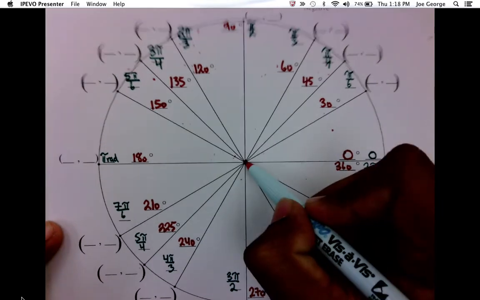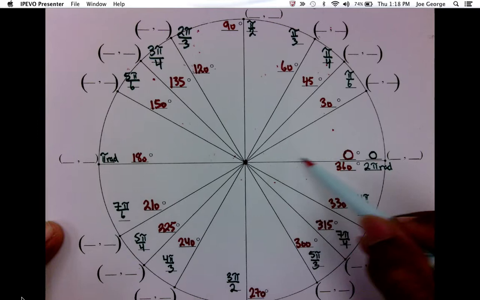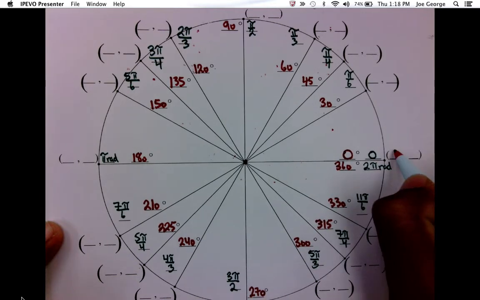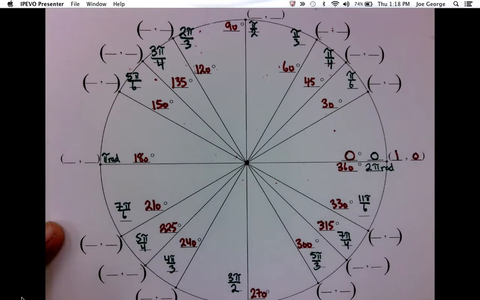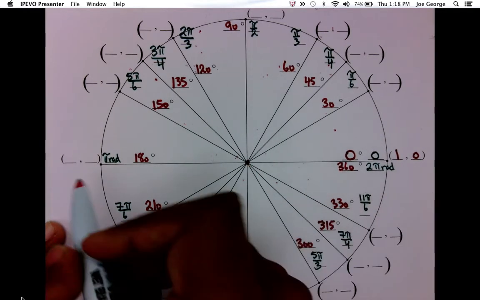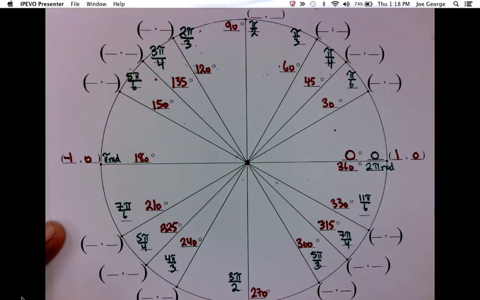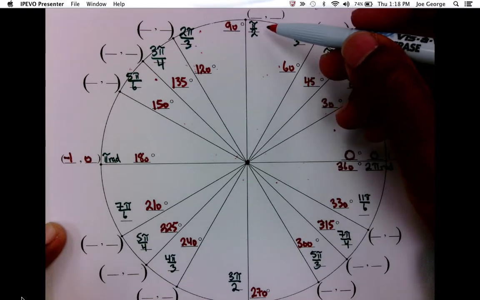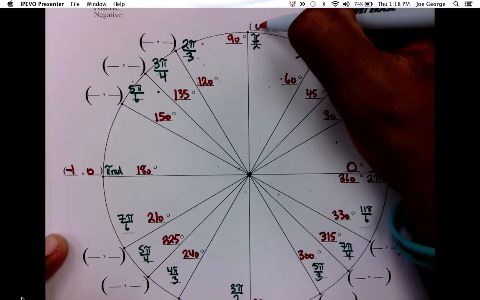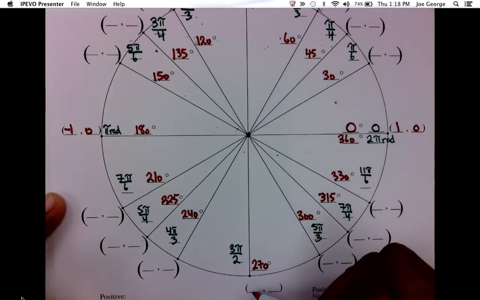If I go over to the right 1, it would be 1, 0. If I start at my origin and go to the left, I would get negative 1, 0. If I go up to 90 degrees, I would get 0, 1, and finally 0, negative 1.